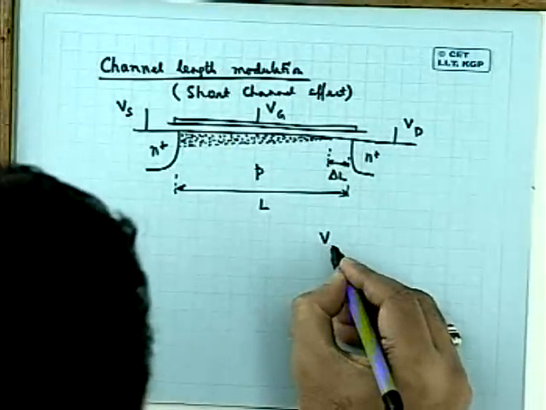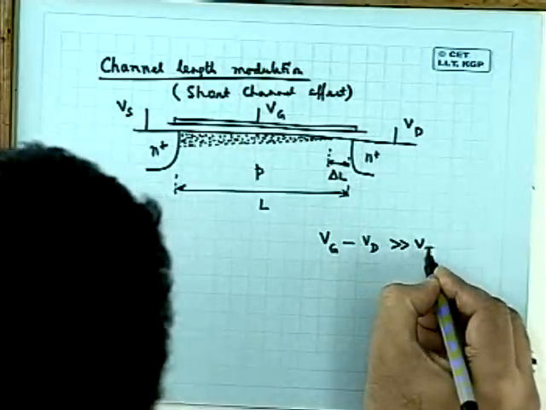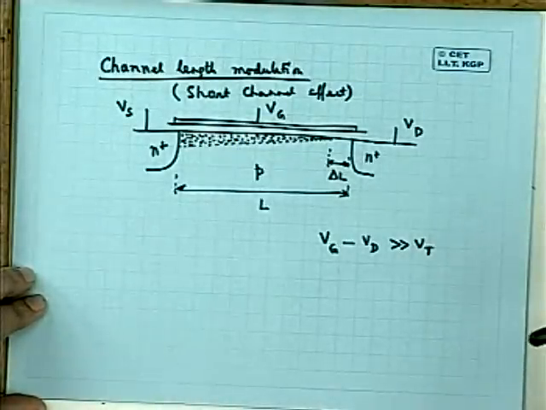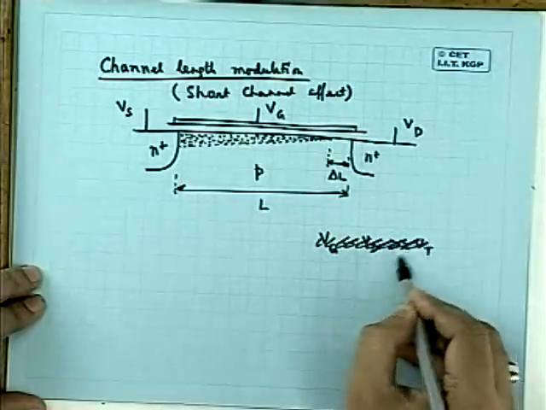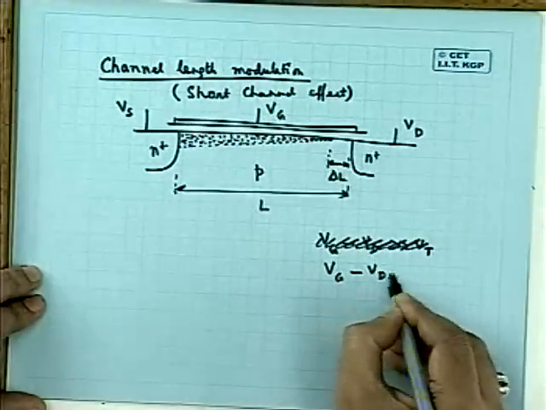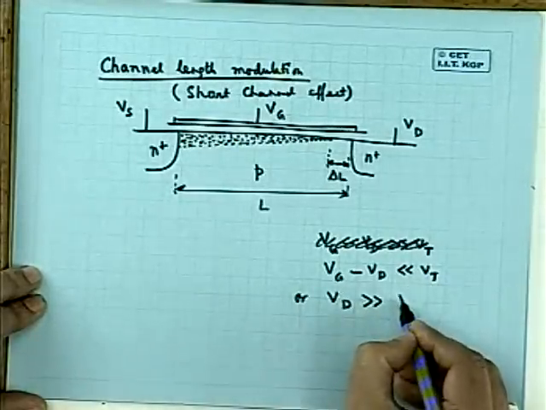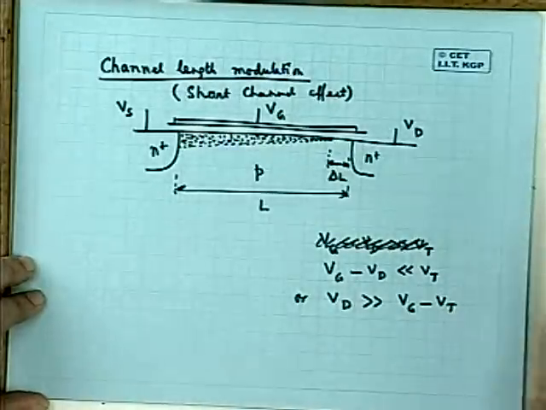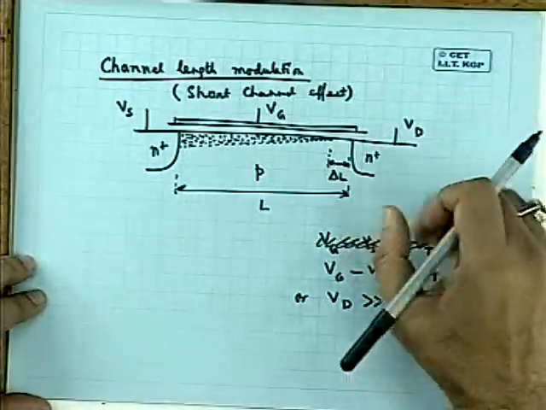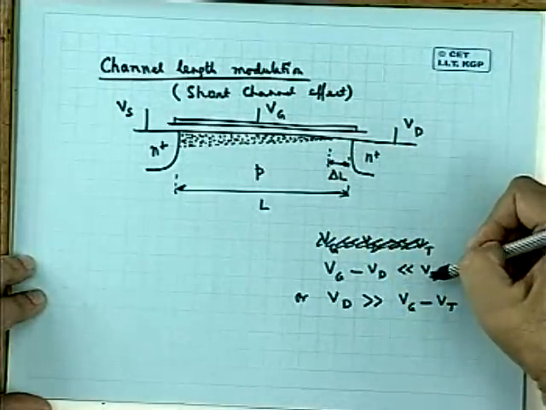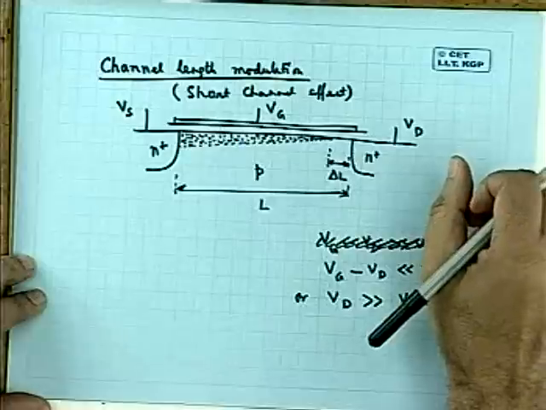When VD becomes large compared to VG minus VT, that means the effective bias VG minus VT is less compared to VD, then near the drain end the channel, that inversion, does not exist.